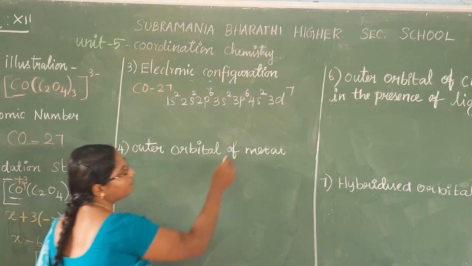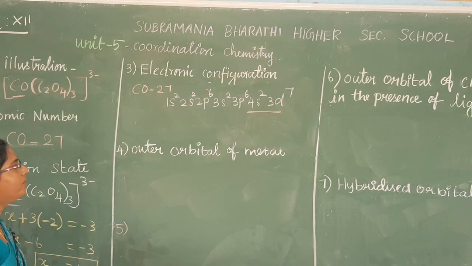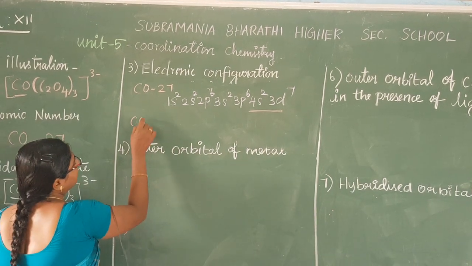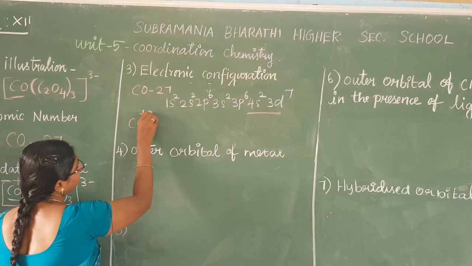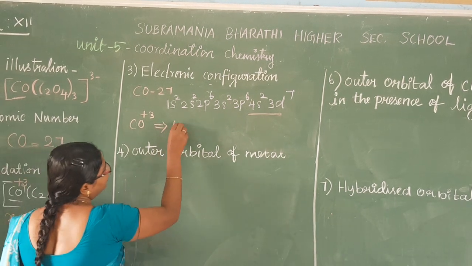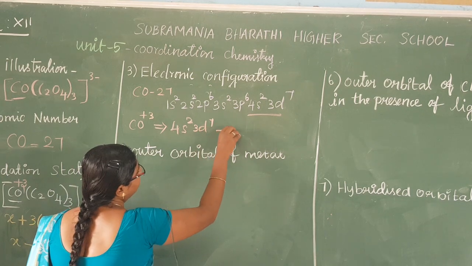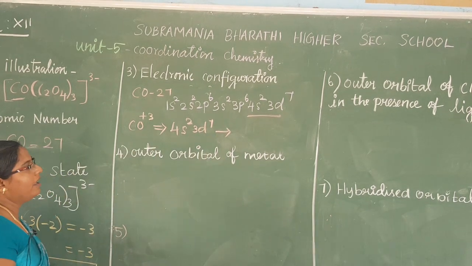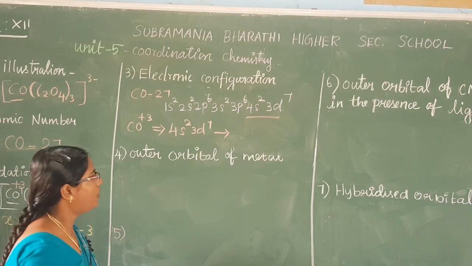In this case I have to take the outermost valence electrons. The cobalt is having the plus 3 oxidation state. What is the outermost electronic configuration? 4s2, 3d7. If it is plus 3, I have to remove 3 electrons from the outermost electronic configuration.